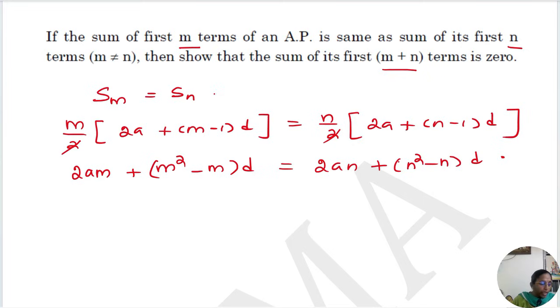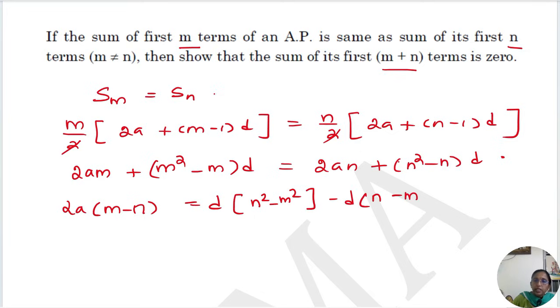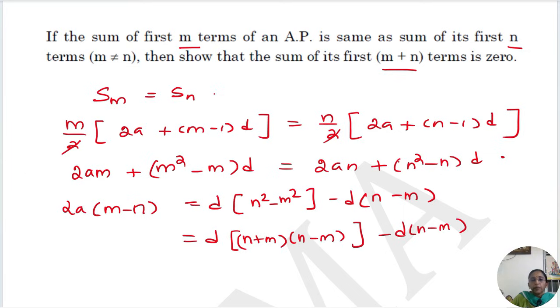Now if I take 2a common, we get m minus n, and on the right hand side if I take d common, then n square minus m square, minus d times (n minus m). Now you can apply the a square minus b square formula, a plus b into a minus b. So (n plus m) into (n minus m) minus d times (n minus m).